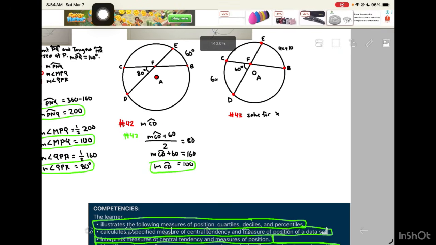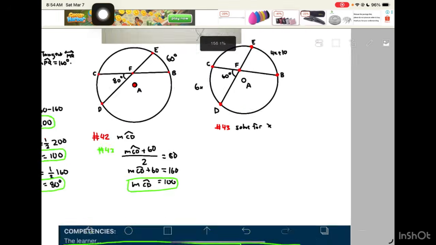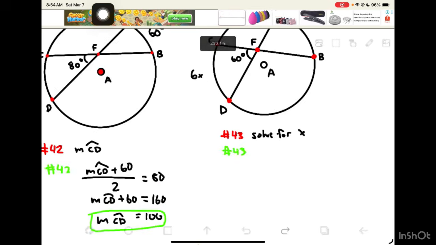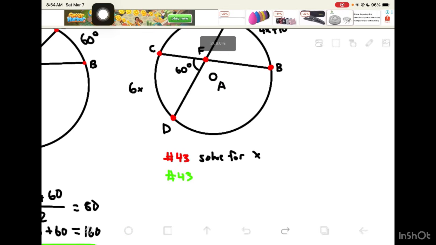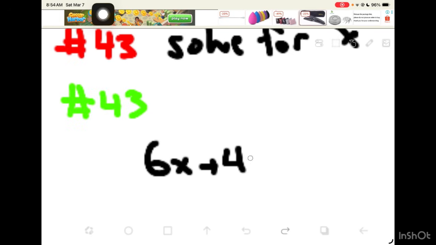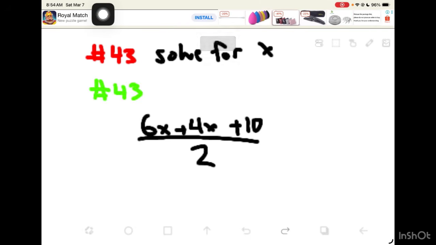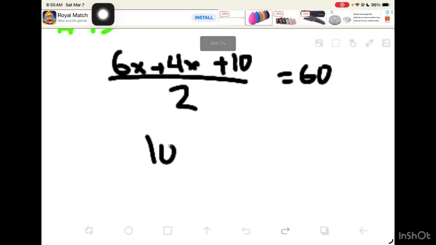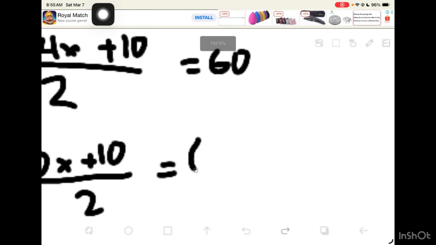Okay, let's try to solve now with x involved. So using the same formula, number 43, we can say 6x plus 4x plus 10 over 2 is equal to 60. 10x plus 10 over 2 equals 60.